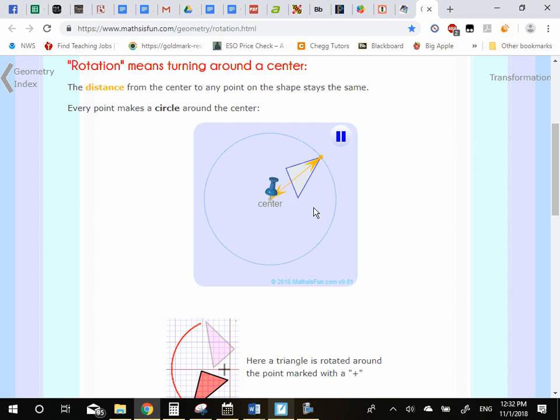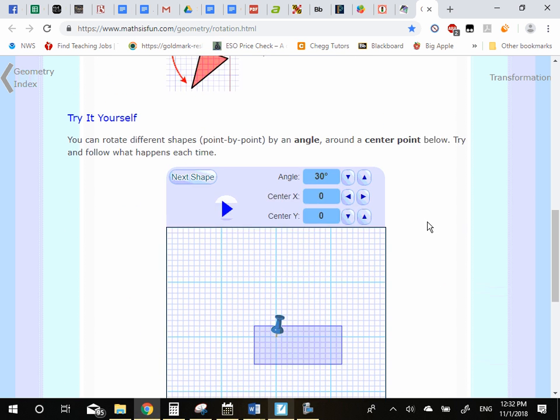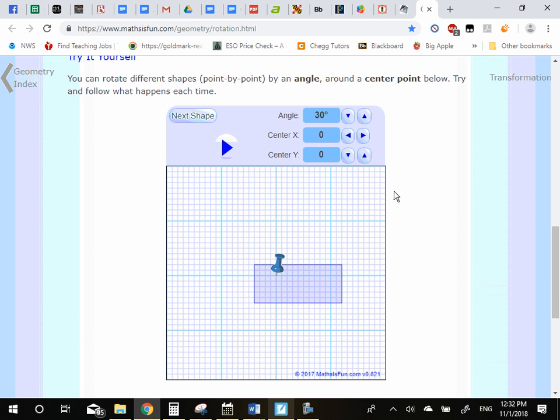If we go 270 degrees around counterclockwise, we could also call that a negative 90-degree rotation. And basically, if you're given a shape, you look for the corners, the vertices, and move each of those by however far you're rotating. So I have a square, I'm rotating 30 degrees. I find each vertex, rotate it 30 degrees, and that's where my new figure is going to end up.